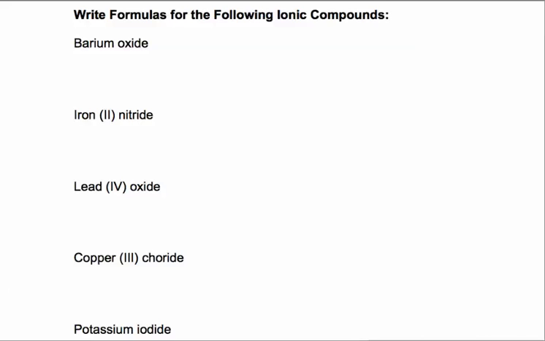So make sure you have a periodic table. Barium, first thing we do is we write our ions. Barium has a +2 charge because it is in group 2. So remember when I say write your ions, that includes a charge. And oxygen has a -2 charge. So dropping and swapping, drop means you drop the positive and negative signs.